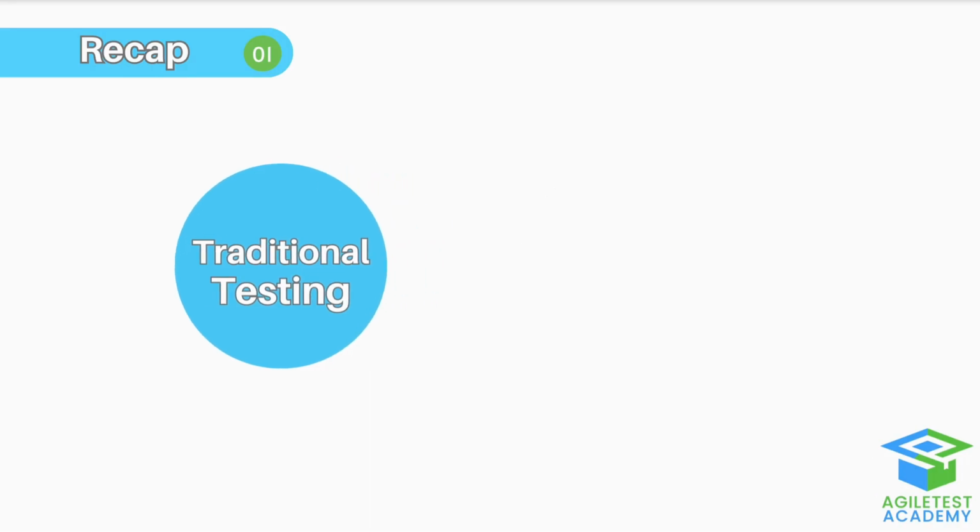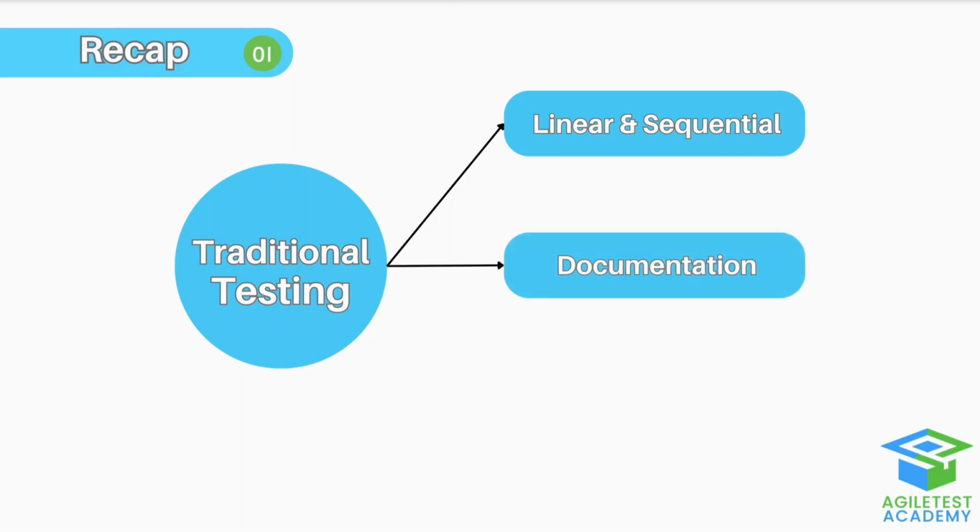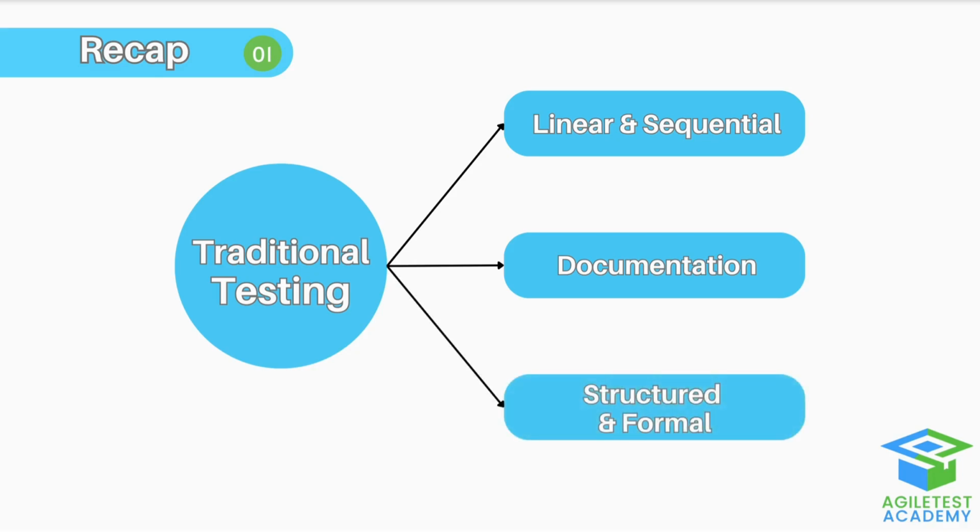Traditional testing follows a linear and sequential process, typically occurring after the entire software system has been developed. It heavily relies on documentation, such as detailed test plans and test cases, crafted before testing begins. This approach is structured and formal, often adhering to methodologies like the waterfall model with distinct phases, including requirement gathering, design, development, and testing, completed sequentially.